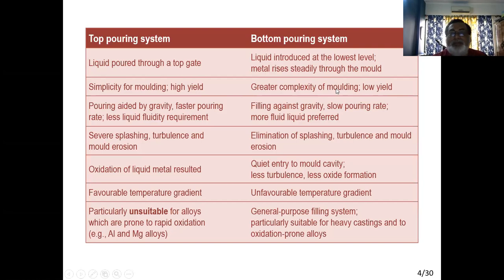So design of a bottom pouring system is a bit critical, and yield percentage is low. Pouring is aided by gravity, so faster pouring rate and less liquid fluidity requirement. We should mention this point because if you see the textbooks that we are following, for example, Heine's book, Bailey's books, all those books were written in the 70s or 50s, even 60s.